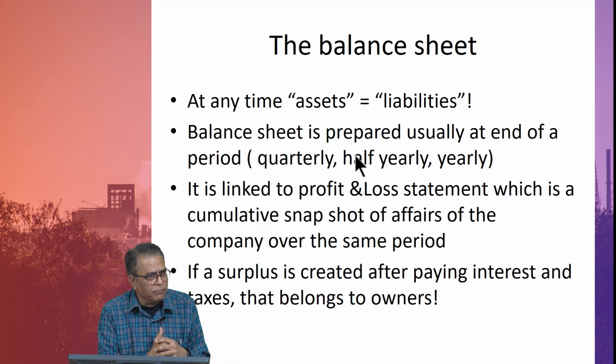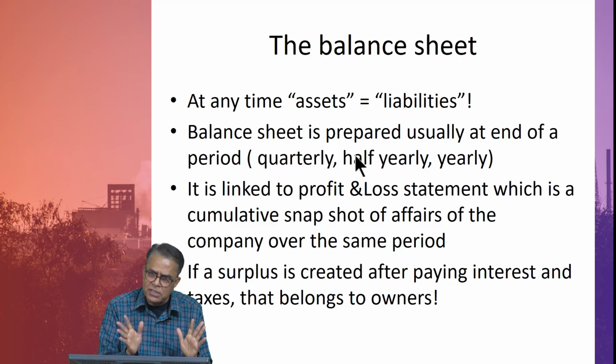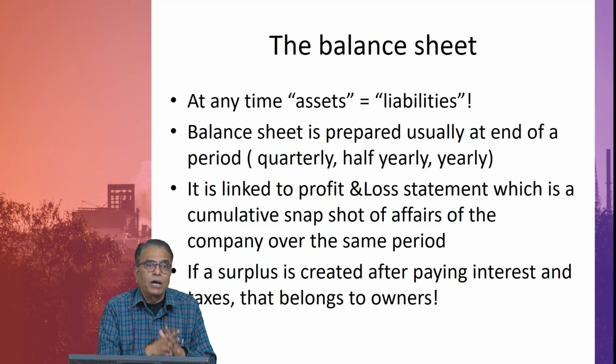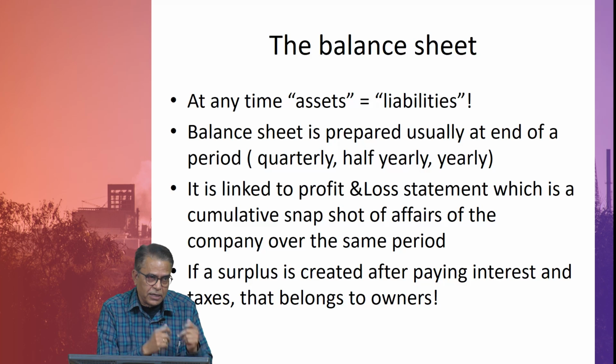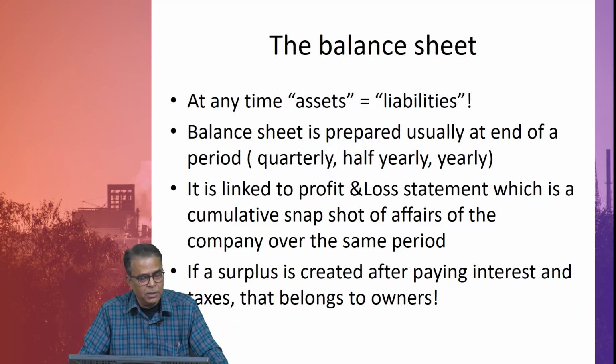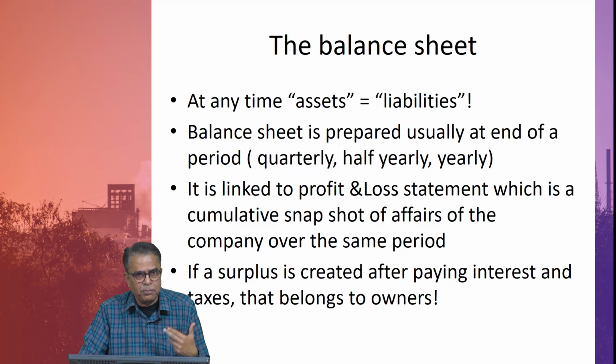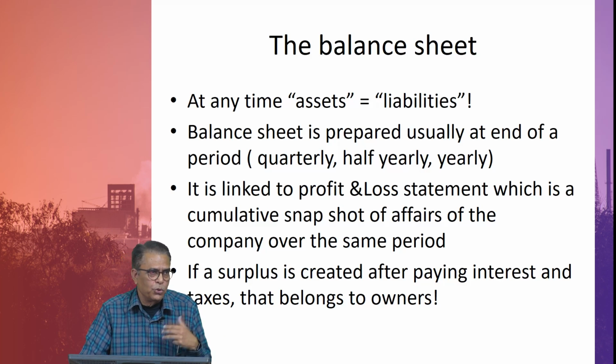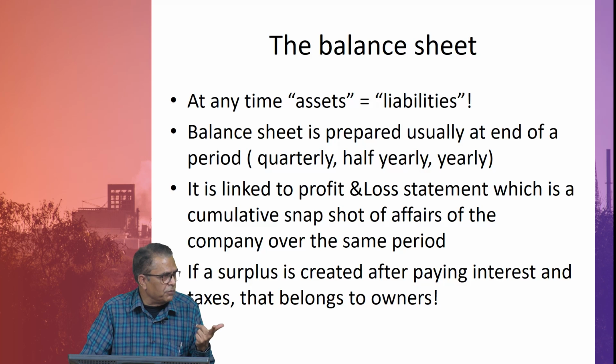By law in India at least, and universally, once in a year you have to prepare this, get it checked by independent agencies and publish it to the shareholders. Sometimes some countries insist, like India, on once in 3 months. So the balance sheet of the company you will get once in 3 months. By law it has to be prepared.